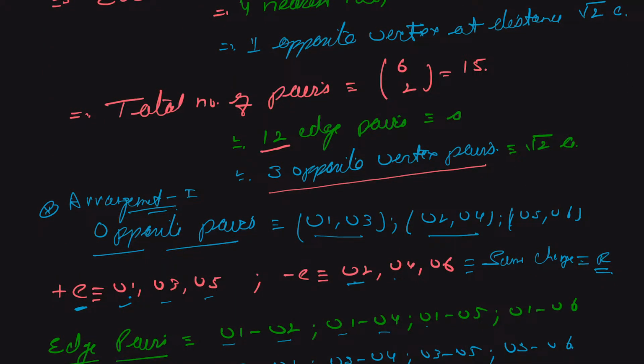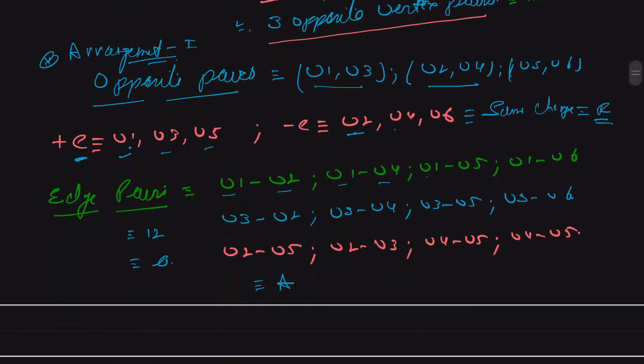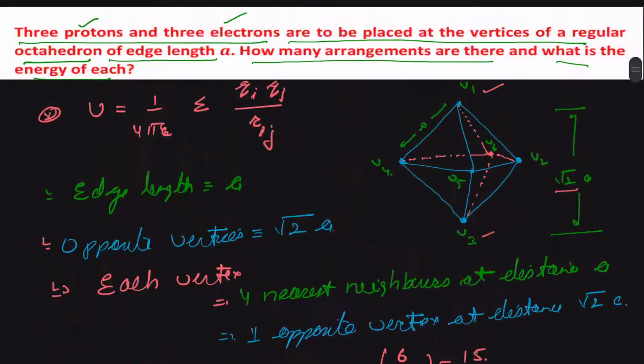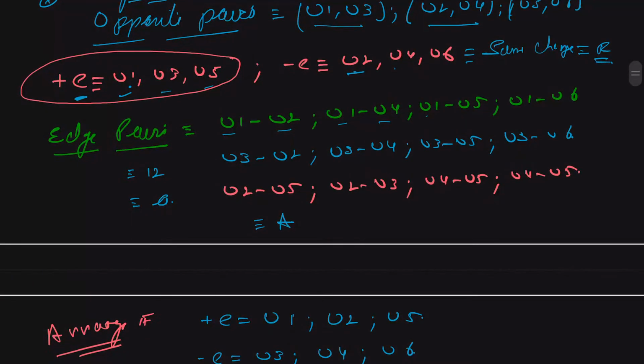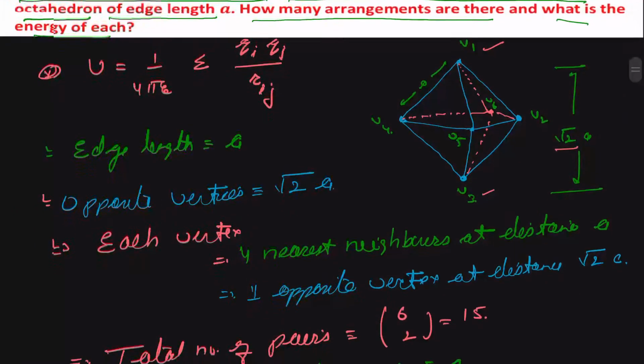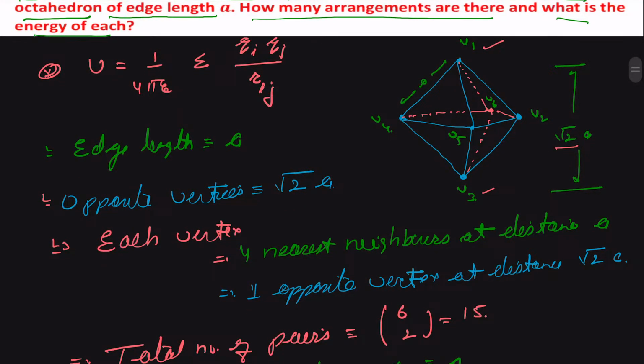The major differentiation is that in the first case, we assumed that the opposite vertex pairs, like V1 and V3, have the same charge. And similarly, the second one is our V2 and V4, and likewise.